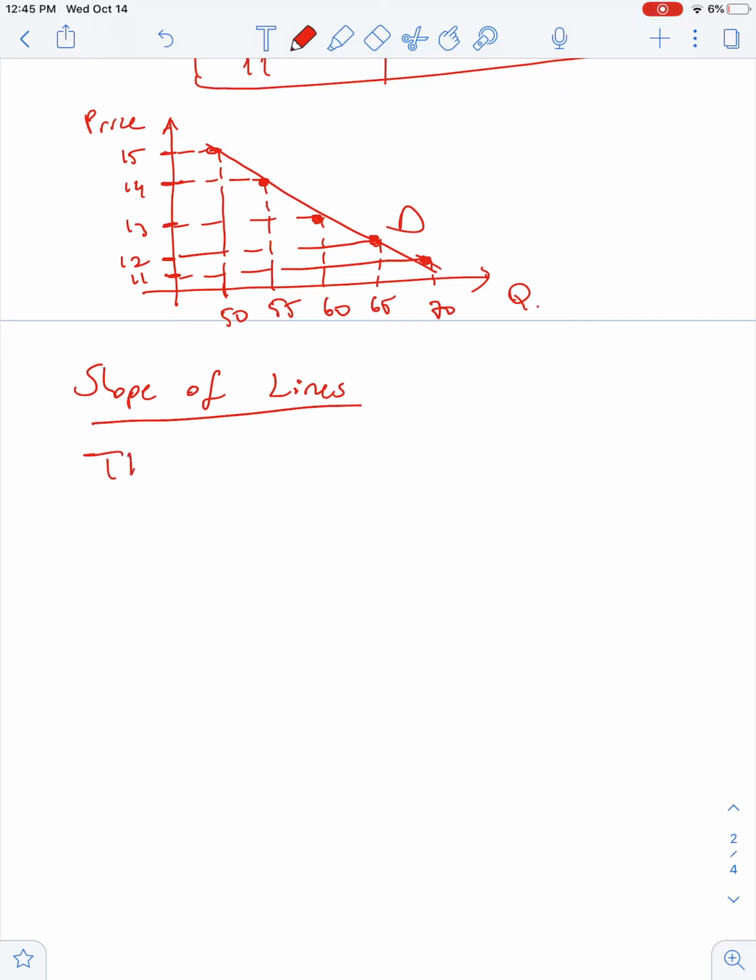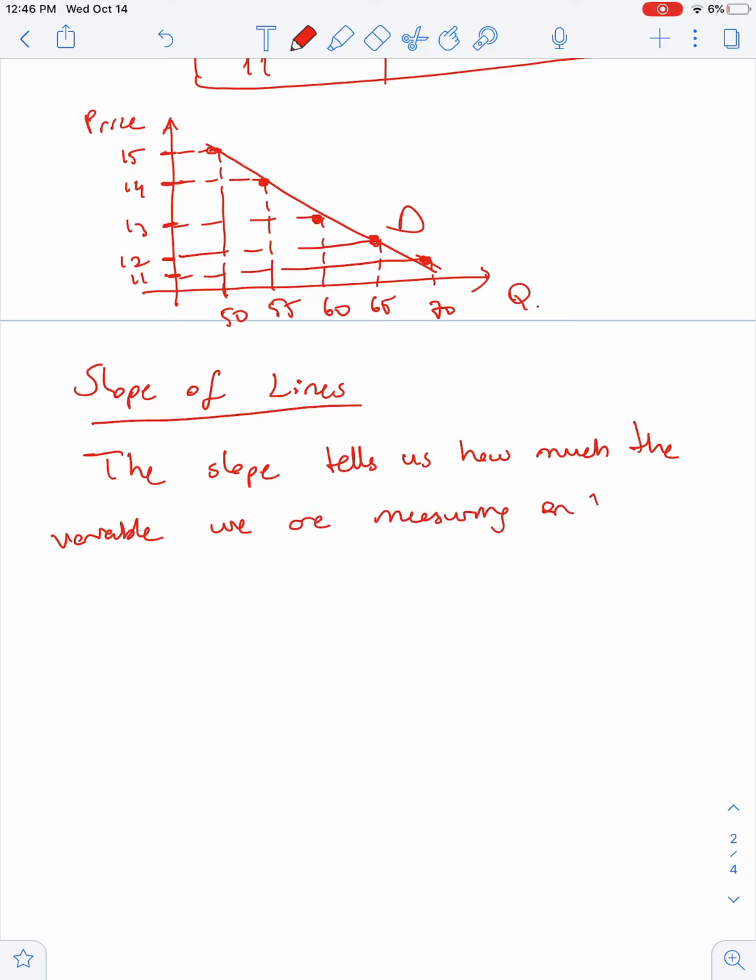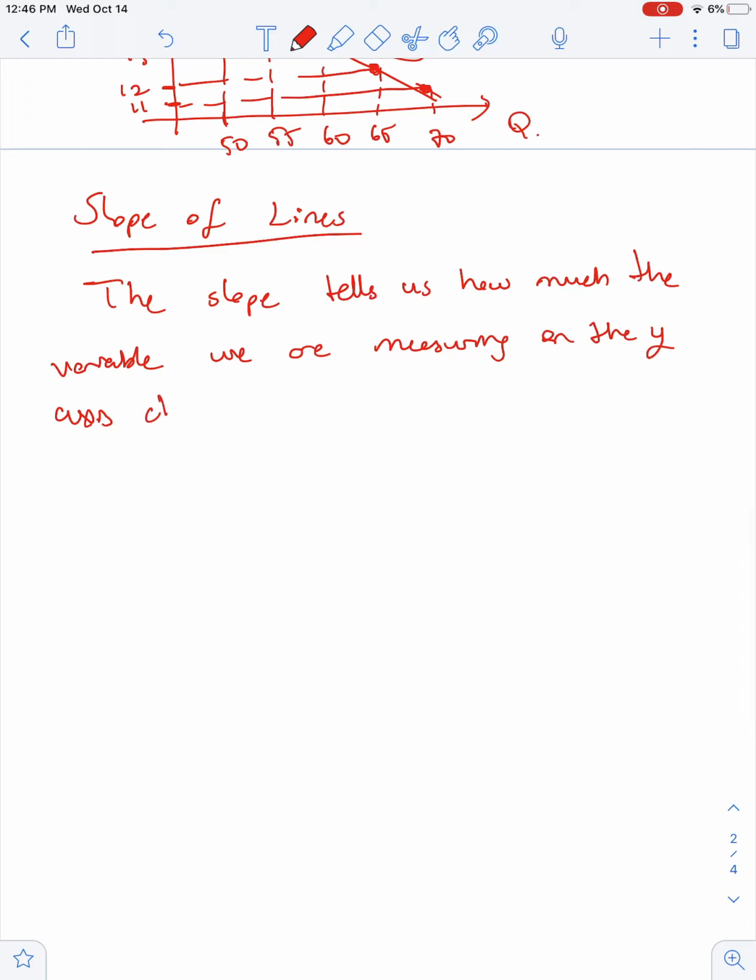So the slope tells us how much the variable we are measuring on the y-axis changes as the variable we are measuring on the x-axis changes.